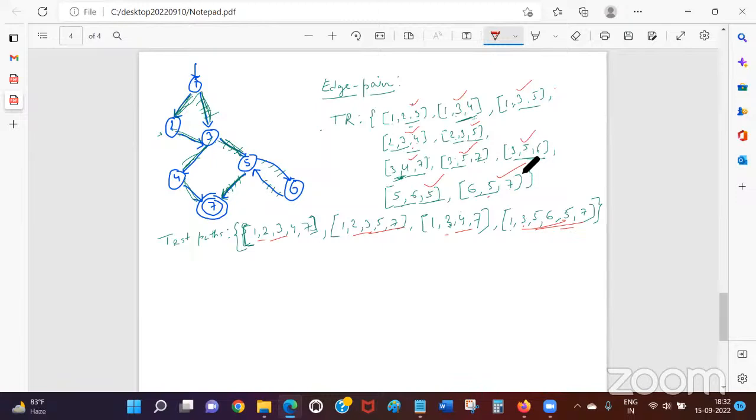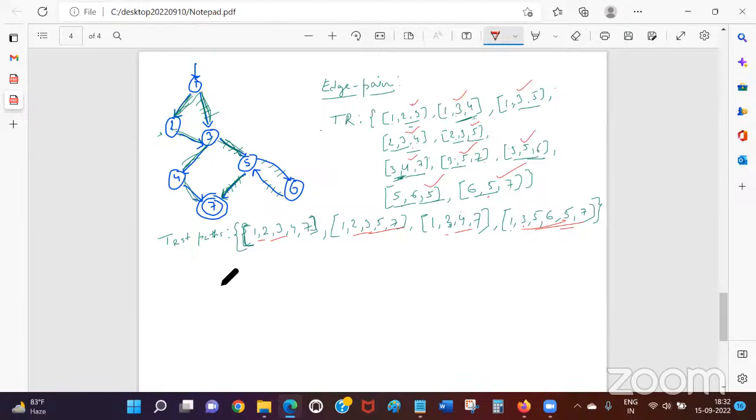Now, as we discussed, sorry, it's edge pair coverage. Edge pair coverage automatically covers the edge coverage, as well as the node coverage.